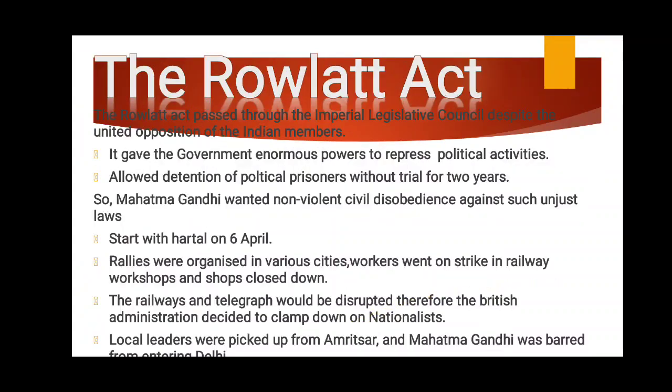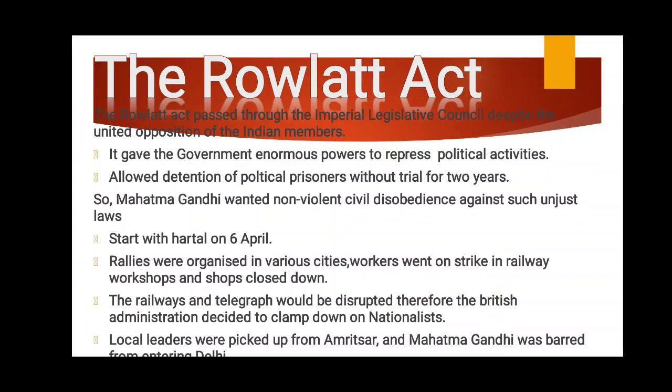The Rowlatt Act. The British government also passed the Rowlatt Act. It was passed through the Imperial Legislative Council despite the united position of the Indian members. So Indian members were opposing this, but still the Imperial Legislative Council passed it.